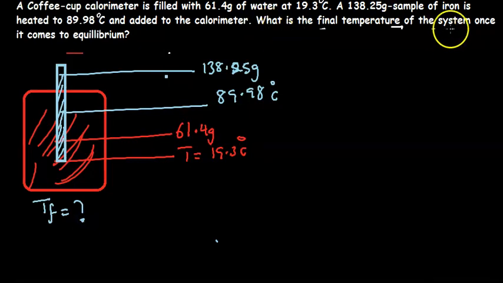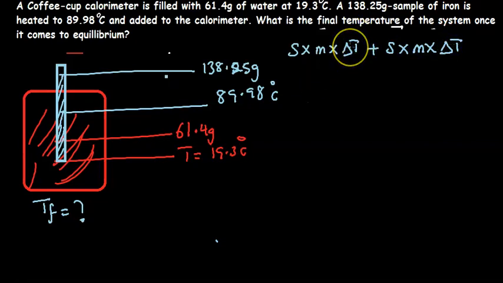So without any waste of time, the formula we're going to use to solve this problem is S multiplied by M multiplied by dT plus S multiplied by M multiplied by dT. Notice that dT simply means change in temperature, and both of them have the same final temperature.